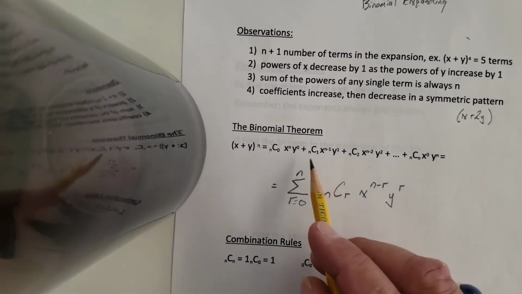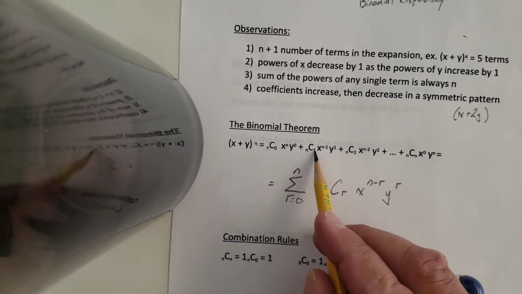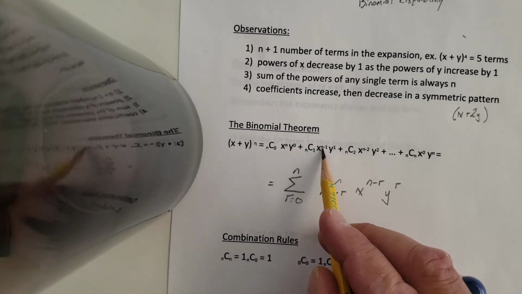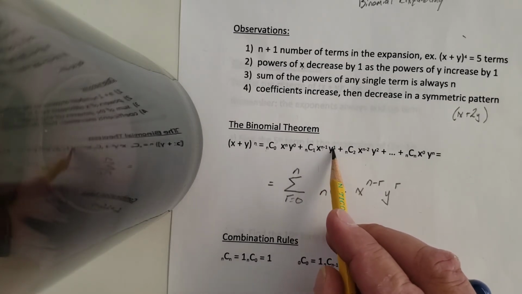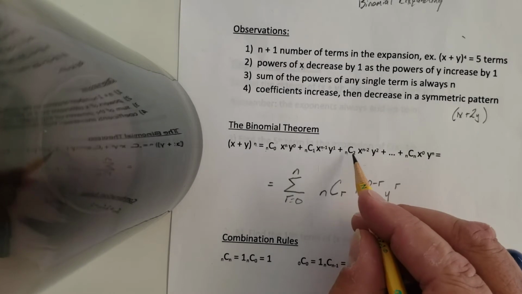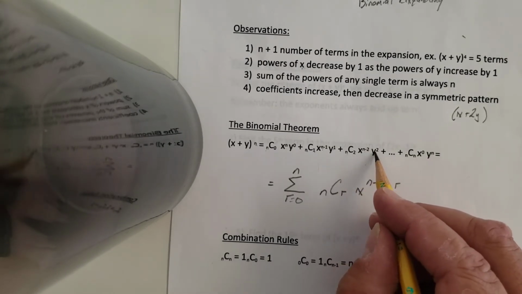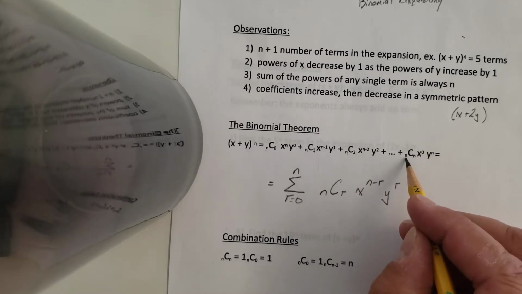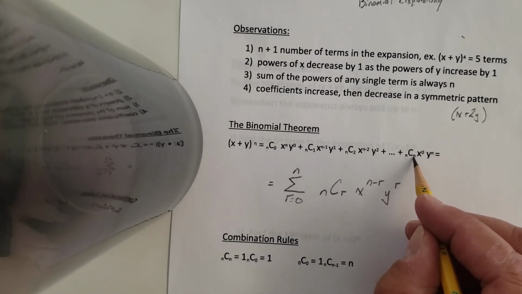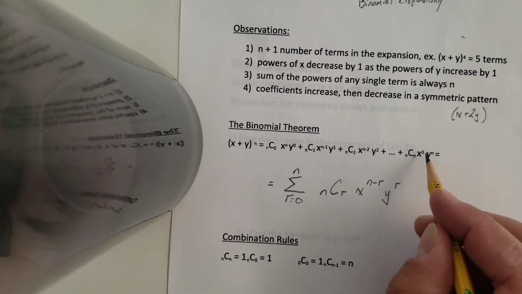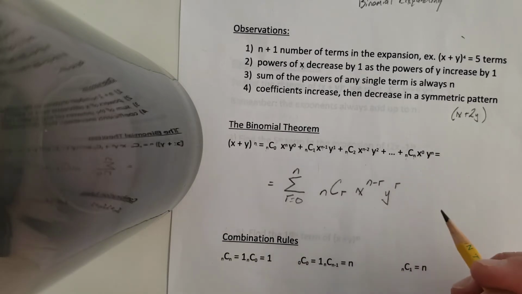And then a combination of n things taken 1 at a time. This exponent decreases by 1, this goes up by 1. Combination of n things taken 2 at a time. The exponent's down 2, this one's up 2, and on until you get n things taken n at a time. Your first term's exponent is 0, and your second term, the y, is n.